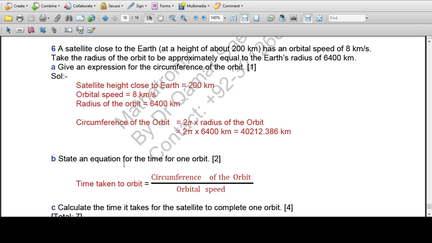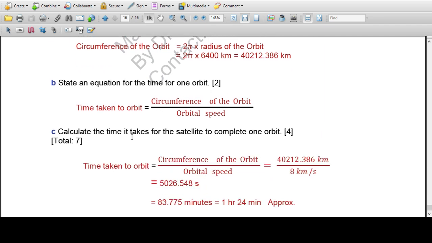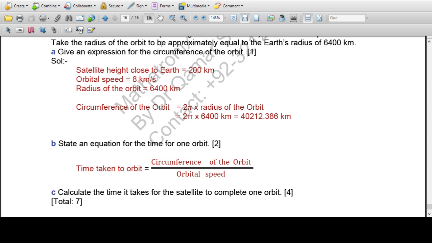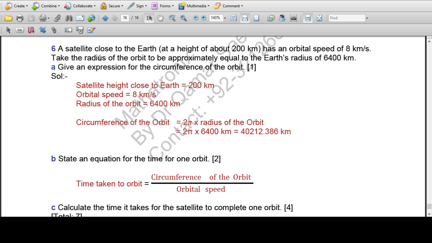State the equation for the time for one orbit: the circumference of the orbit divided by the orbital speed. Calculate the time it takes for the satellite to complete one orbit. Because we are ignoring this 200 kilometers, which would make it 6,600 kilometers, we ignore it since it is given in the question.